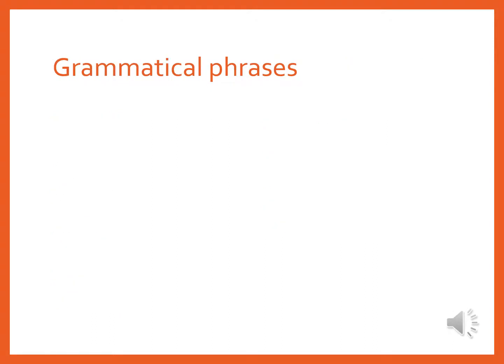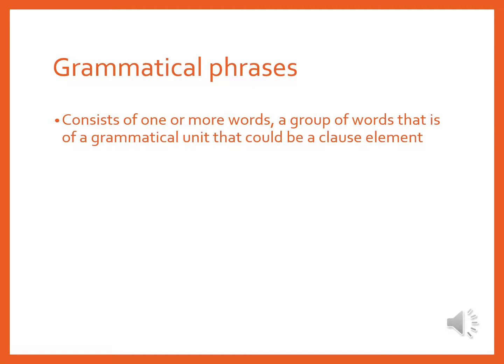So let's move on to grammatical phrases, which is also an important part when you try to analyze sentences. A grammatical phrase consists of one or more words, and the group of words is a grammatical unit that could be a clause element.